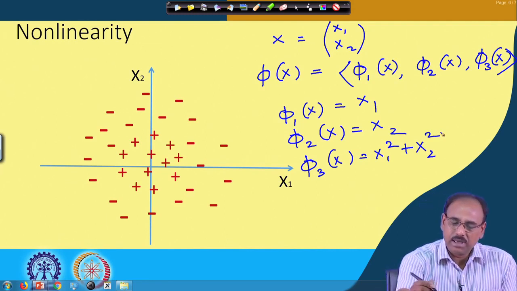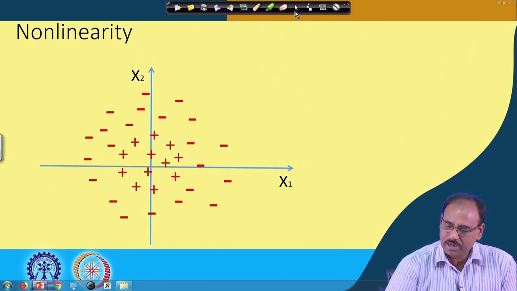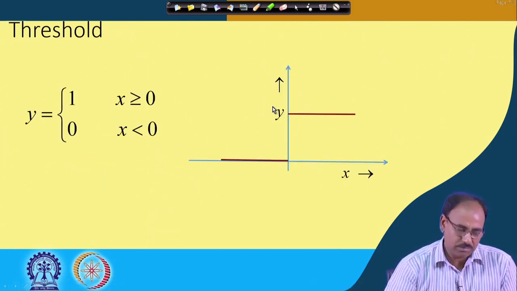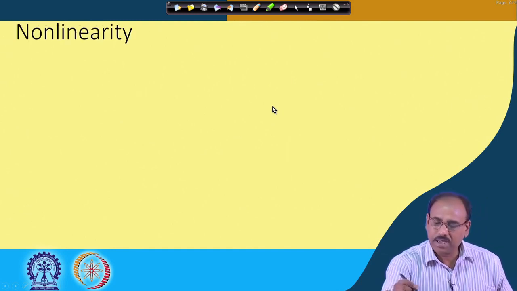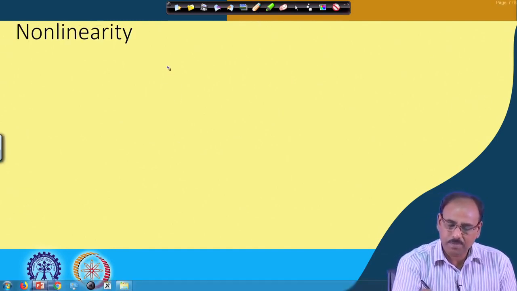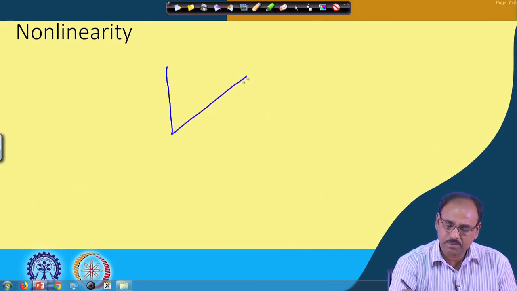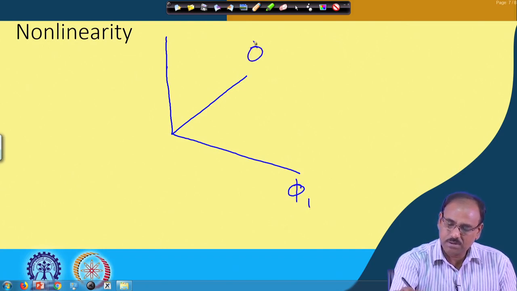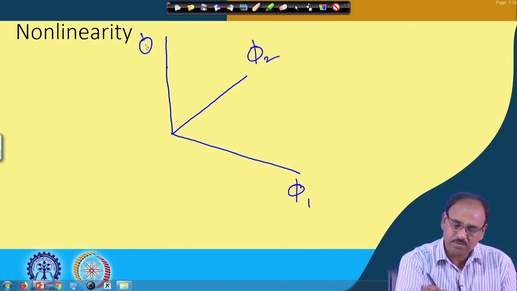So, I can simply represent the space as having 3 dimensions. I can put it like this: this is phi 1, this is phi 2 and this is phi 3.